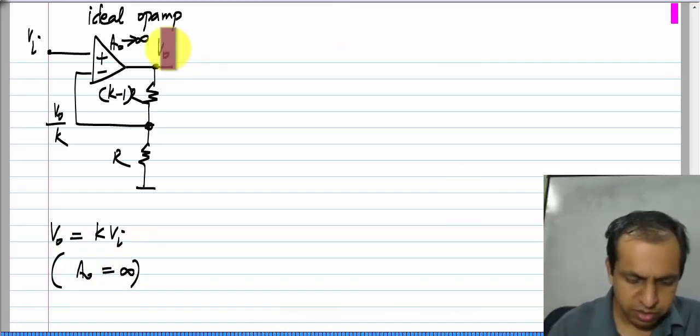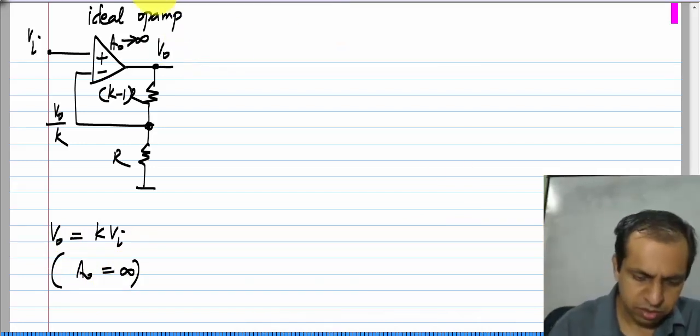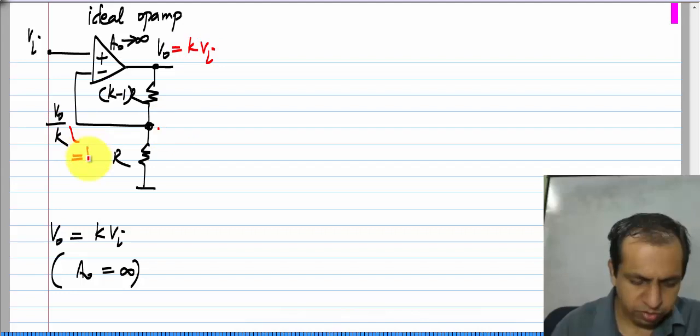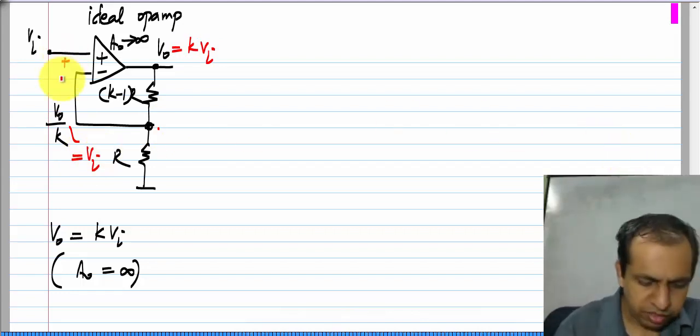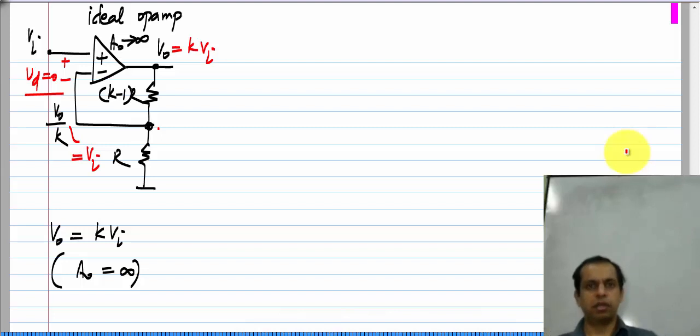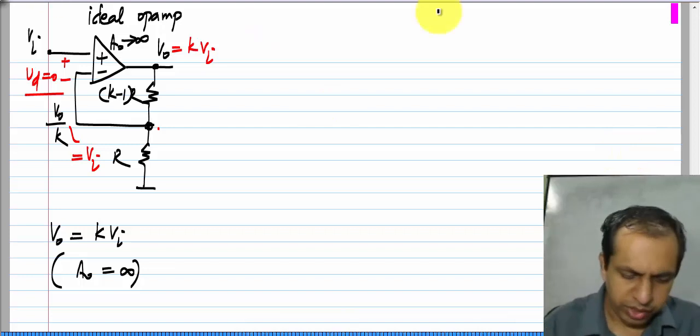So, that means that this value here, V naught by k, is exactly equal to V I, and the difference voltage input of the op amp, V D, equals 0. So, this is what we get if we set the gain of the op amp to infinity.